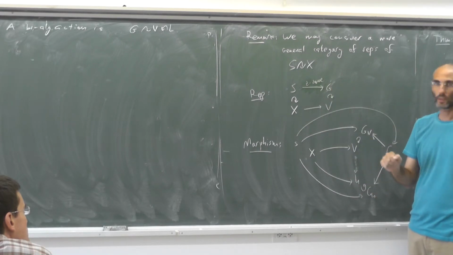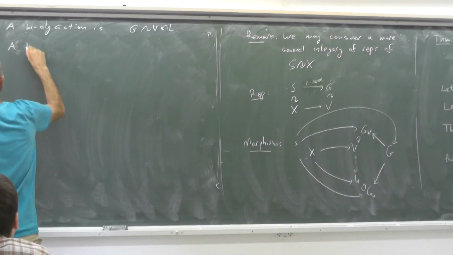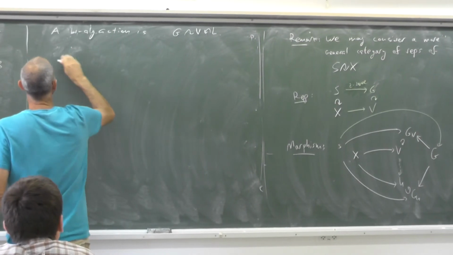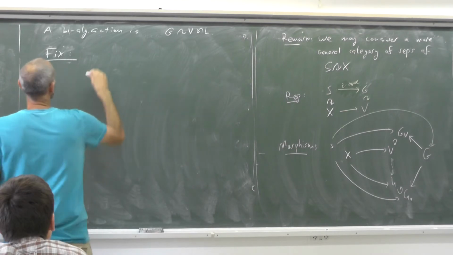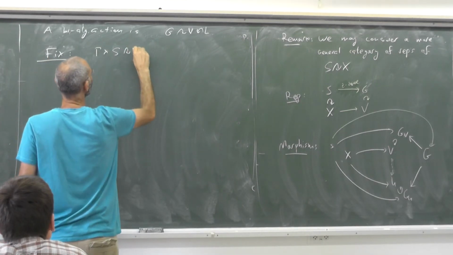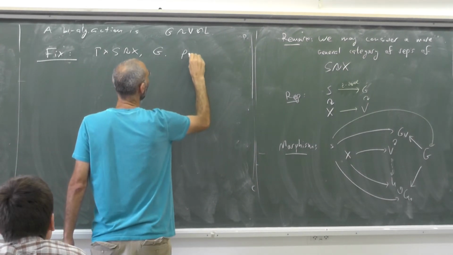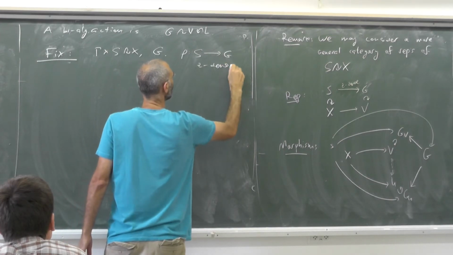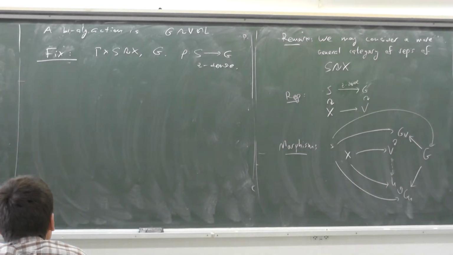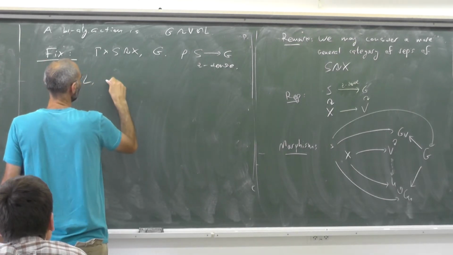So what I want to do now is a mixed version. A bi-representation of, so fix, I'm fixing this, of course. I'm fixing G, and I'm fixing rho from S to G. You see this? This is the fixed data. I will not fix L. So I'll vary L, maybe.